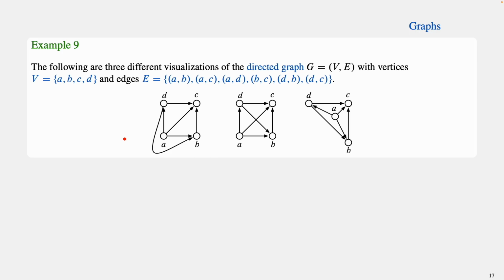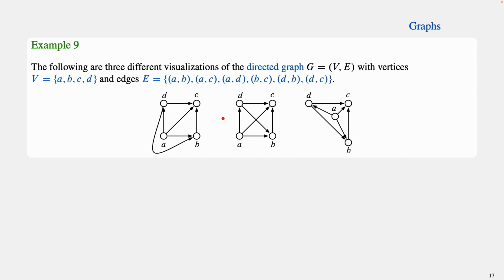So here we have an example of a directed graph with 4 vertices, A, B, C, D, and our set of edges, which are indicated here by these arrows. And there are 3 different ways of visualizing the same graph.